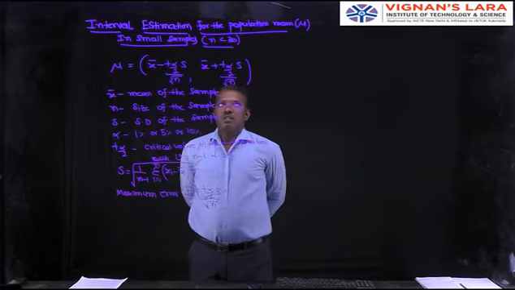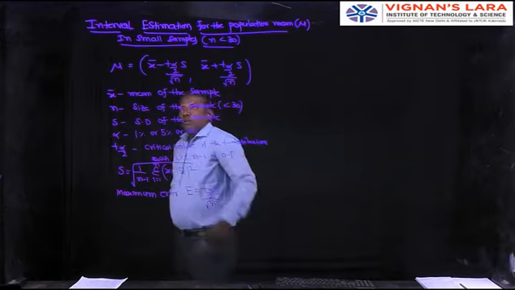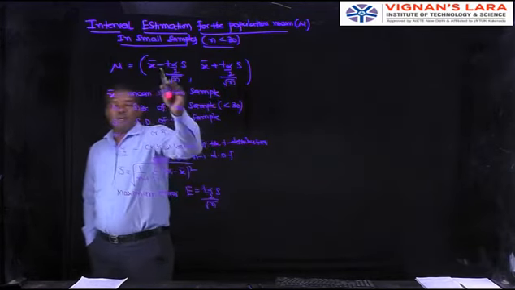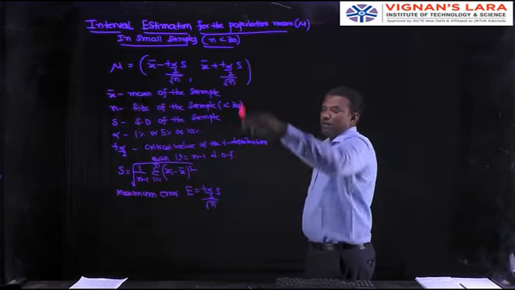This is the interval estimation for the population mean in small samples. Once again, mu is x bar minus T alpha by 2 into S by root n, comma, x bar plus T alpha by 2 into S by root n.